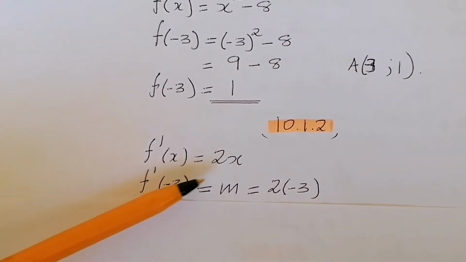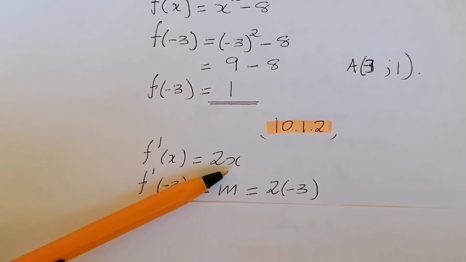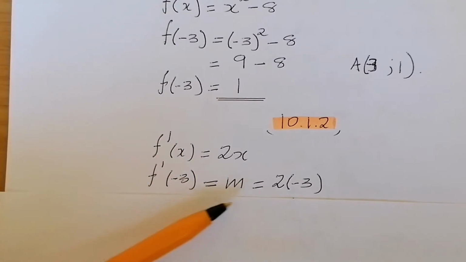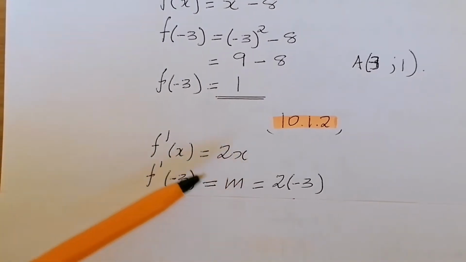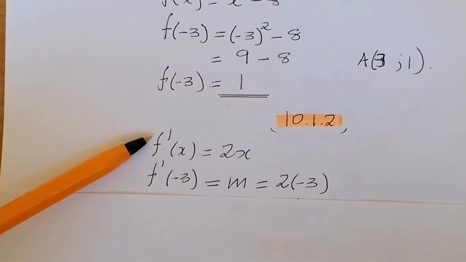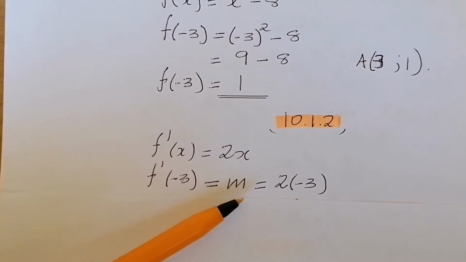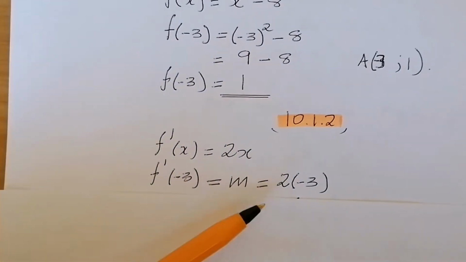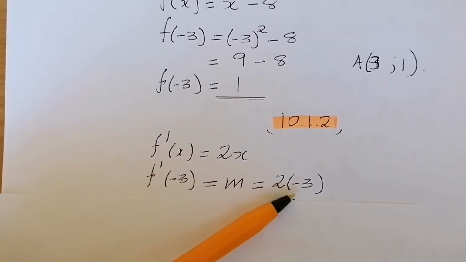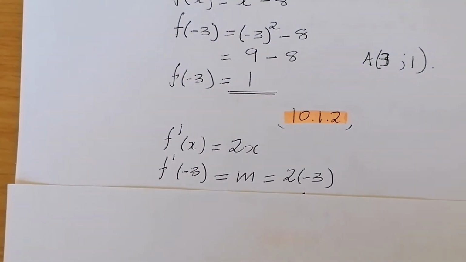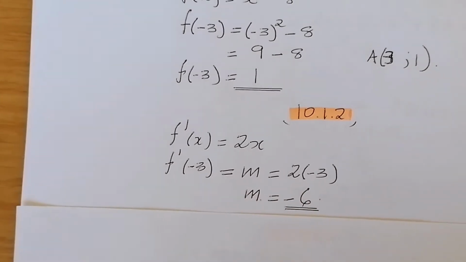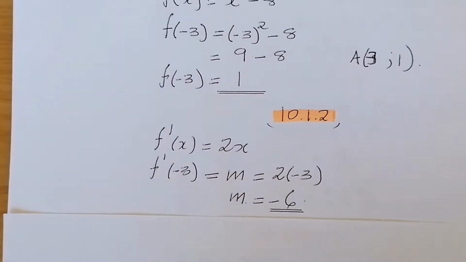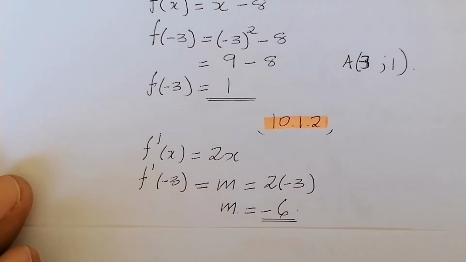Once you put minus 3 where there's x, this becomes now the gradient. It is no longer the gradient function, but now it becomes the gradient. Therefore, the gradient at this point would be 2 multiplied by negative 3. You simplify that, the gradient is negative 6. We have answered that question.